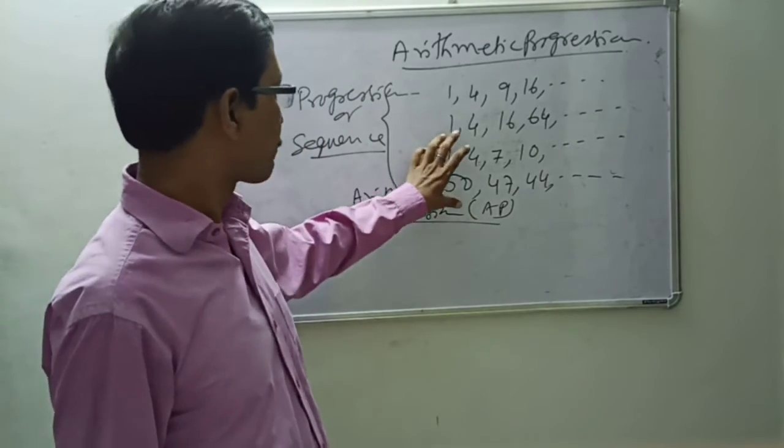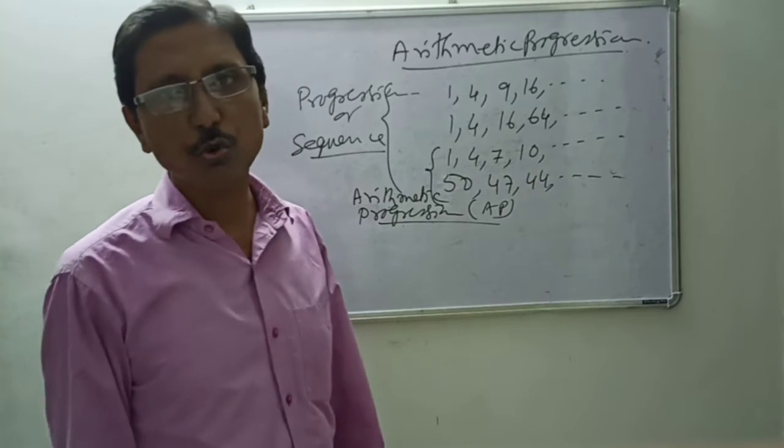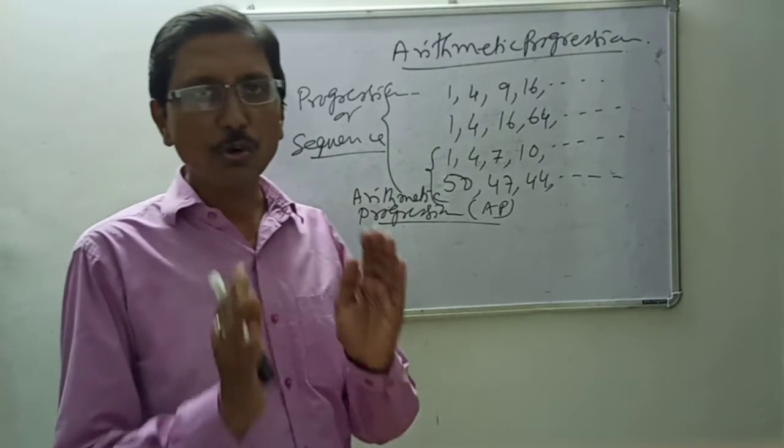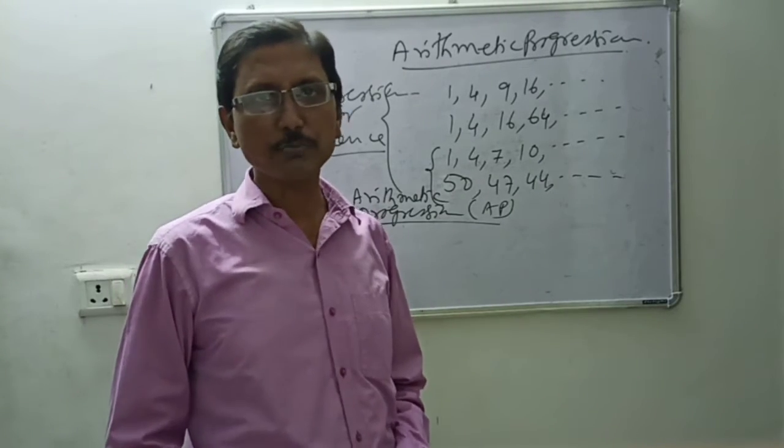Why are these two called AP, arithmetic progression? Because that sequence, that group of numbers, is following a particular pattern. What is that pattern?